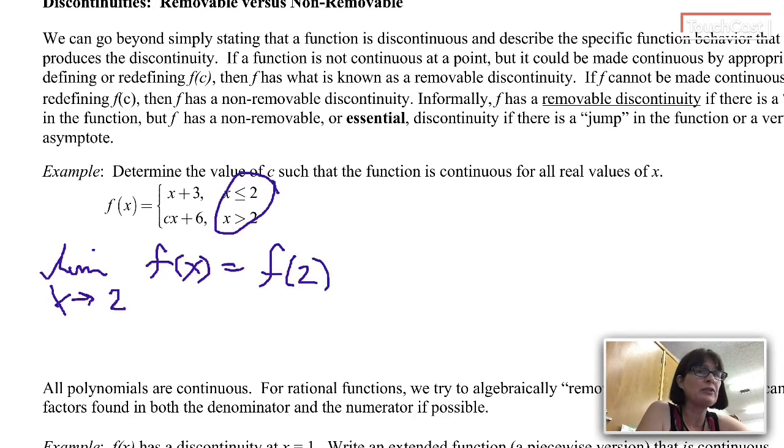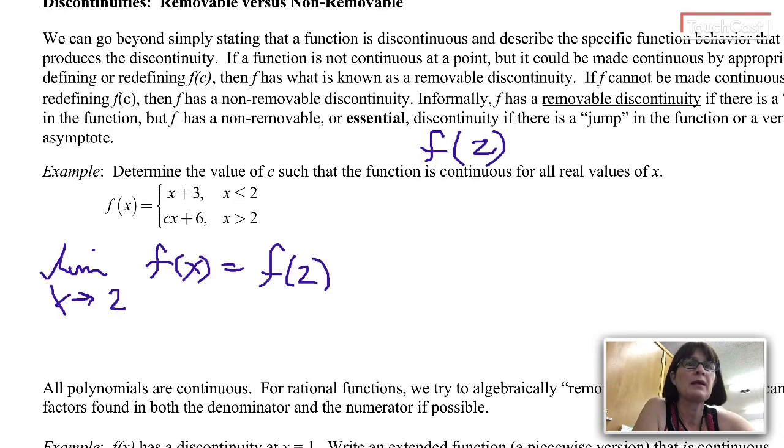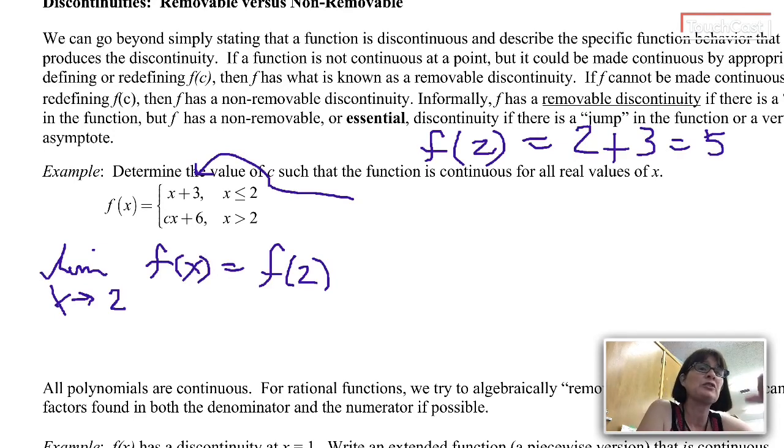Well, I can tell what f of 2 is because I know how to read piecewise function notation, and the place where there's the or equal to sign is how I find the actual function value when x equals 2. So f of 2, replacing that x with 2, equals 2 plus 3 equals 5. So I need the limit as x approaches 2 of f of x to equal 5.